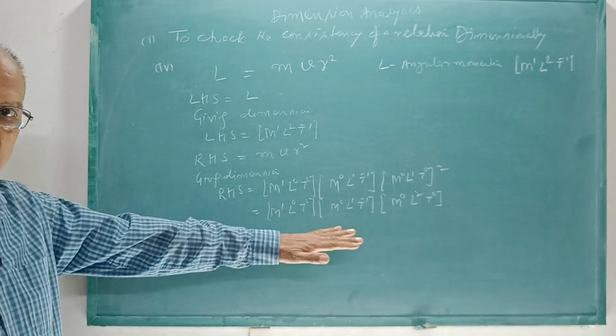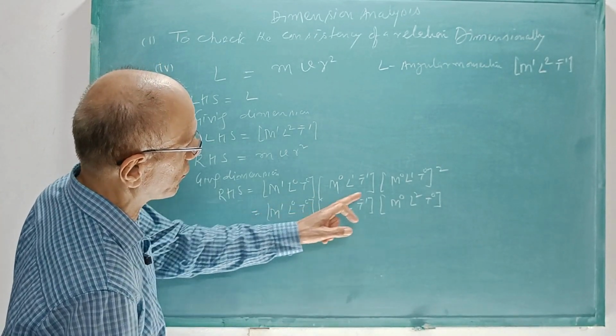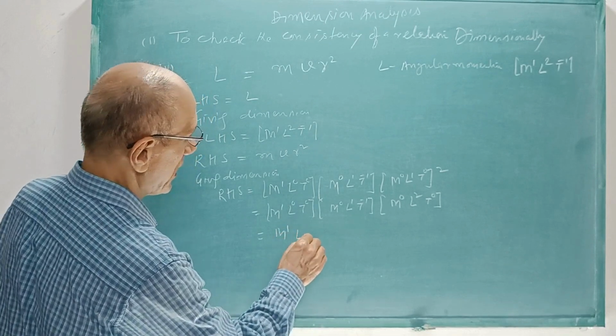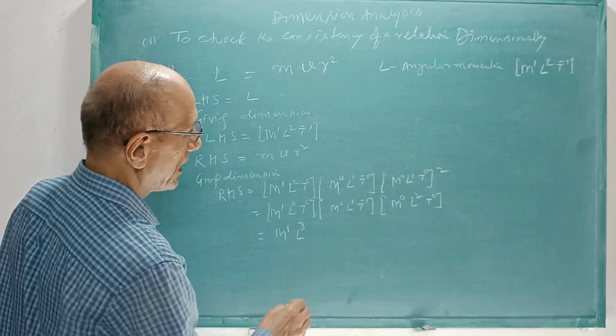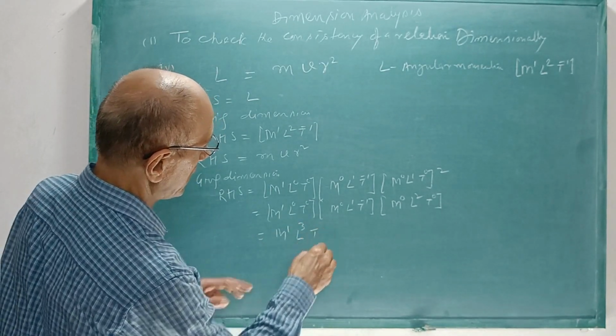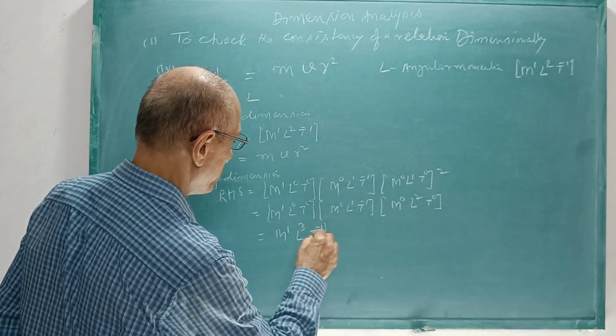Now they are multiplied, so you have to add the powers. So then M raised to power 1, 0 plus 0, that is 1. L raised to power 0 plus 1 plus 2, that is L raised to power 3. And then T raised to power 0, minus 1 and 0, that is minus 1.